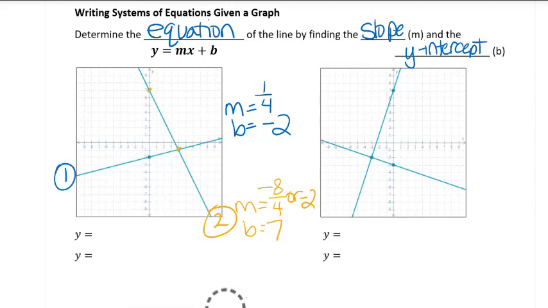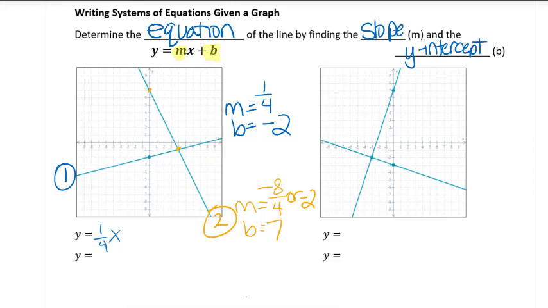Okay, now I'm ready to write the equation. And just as a refresher, we're writing it in slope-intercept form, which is y equals mx plus b. We are going to plug in m and b, which we just found for both lines. So for the first line, y equals my slope, or m, is 1/4, and then I include that x. And then the equation is plus b.